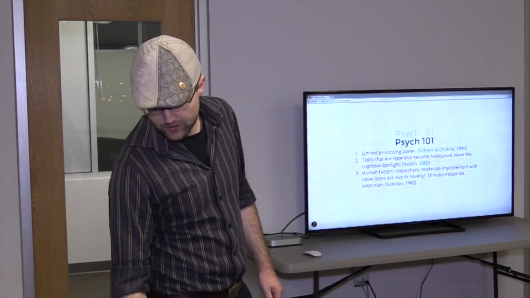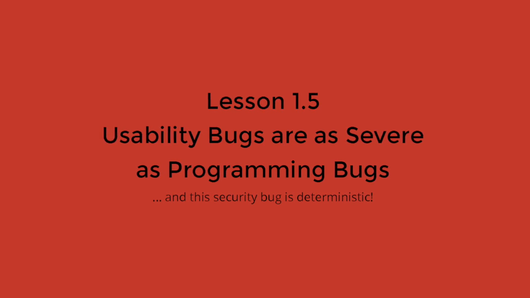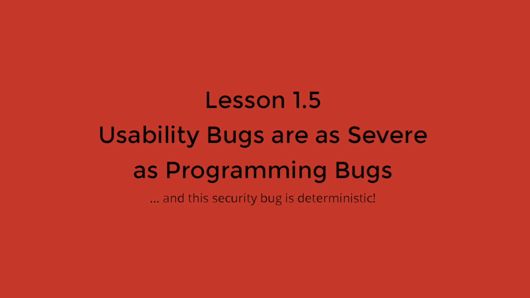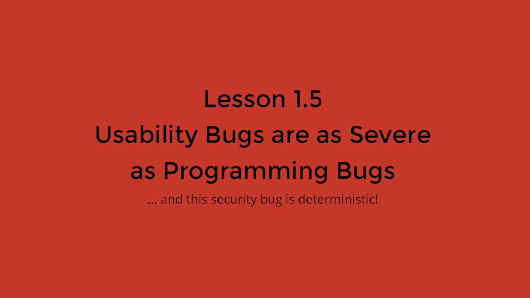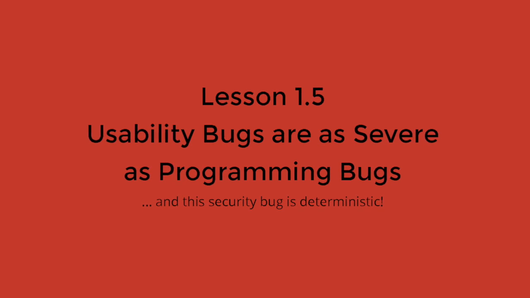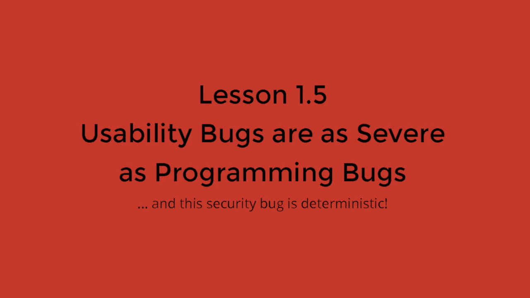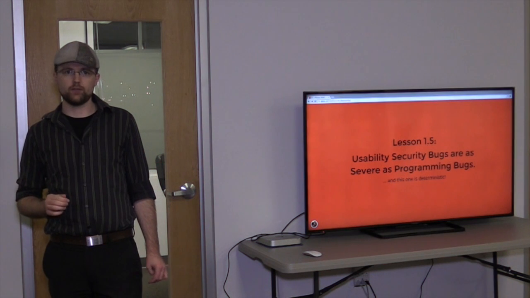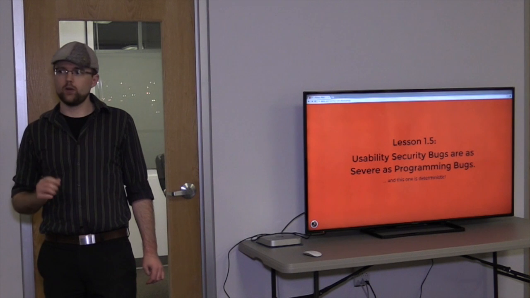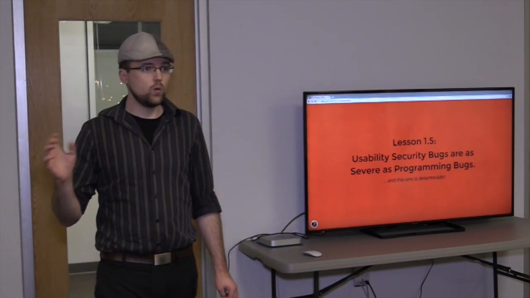So this is lesson 1.5. Usability security bugs are as severe as programming security bugs. And this one in particular is nearly deterministic, right? If I'm able to get you onto my connection, I will be able to get your login password without having to compromise a CA whatsoever, right? Anyone in your network admin in your office can have your passwords.